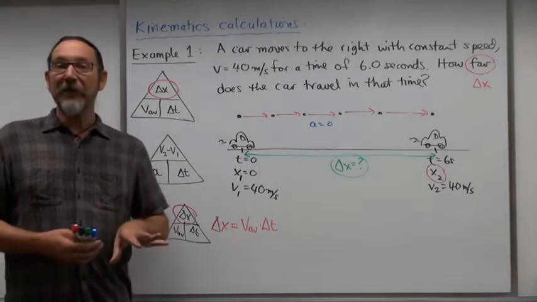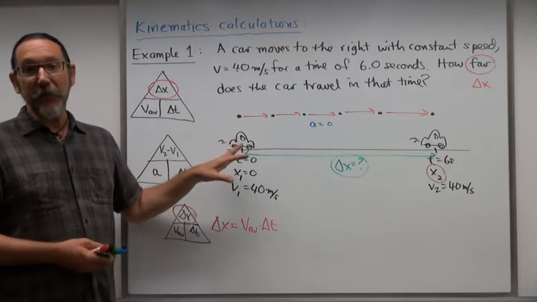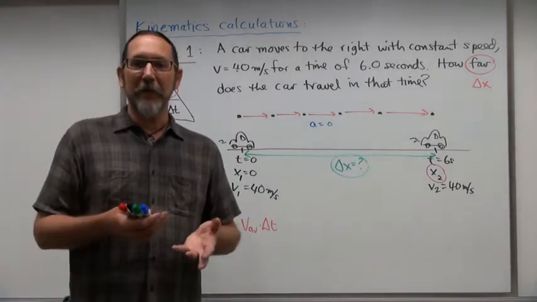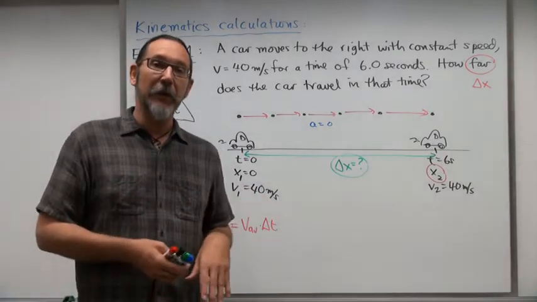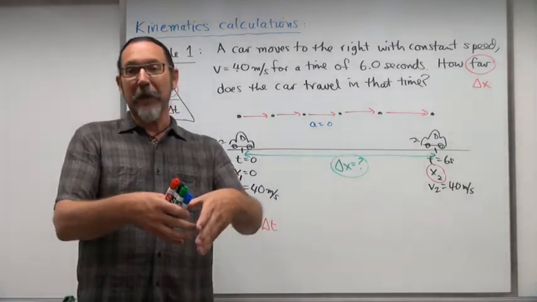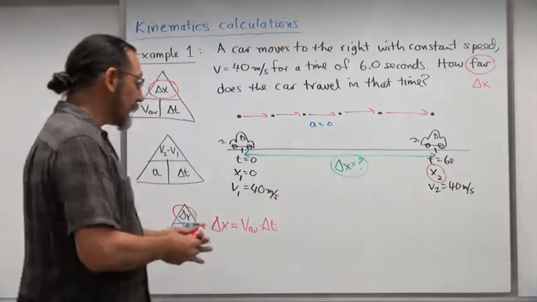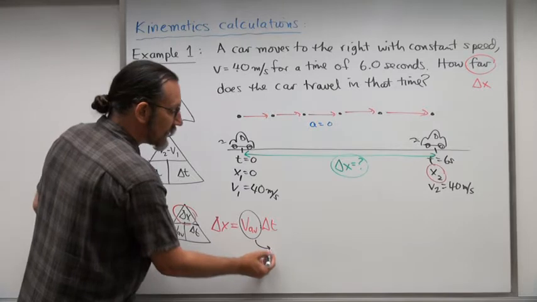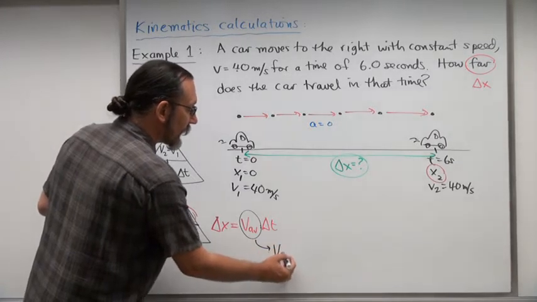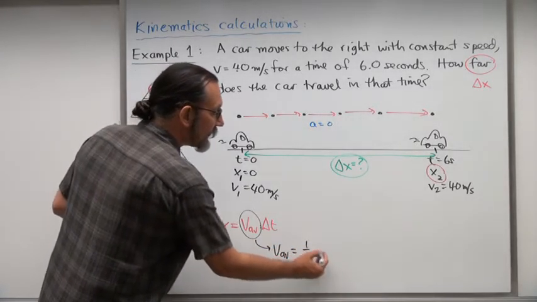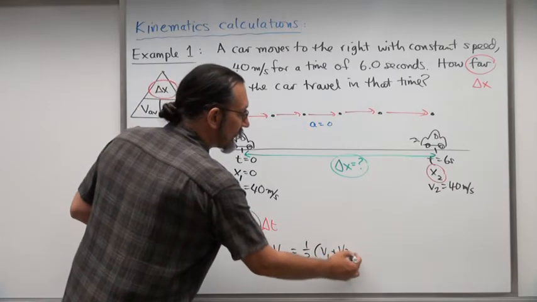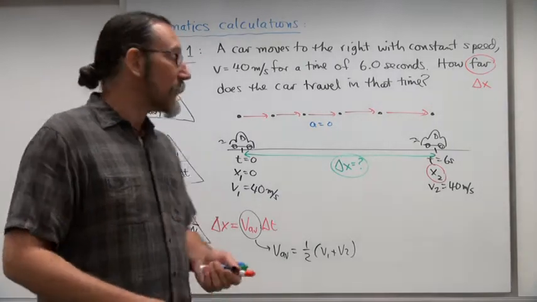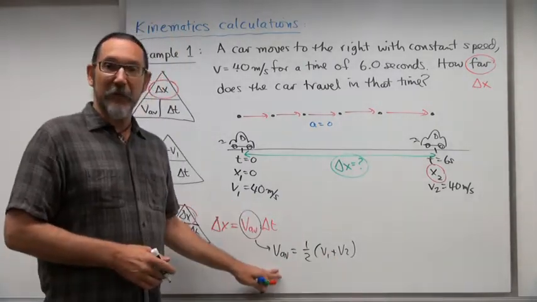Well, an average of anything, when we've got these kinds of simple problems, let's say you had 2 bundles of money, and what was the average amount of money? If you wanted to split it evenly between 2 people, you put it all together, you add it all up, and then you split it in half. And so that's always going to be true for us, that the average velocity is always going to equal 1/2 of v1 plus v2 in all of our problems. We've got constant accelerations or no accelerations, and so we can always take this as being true.